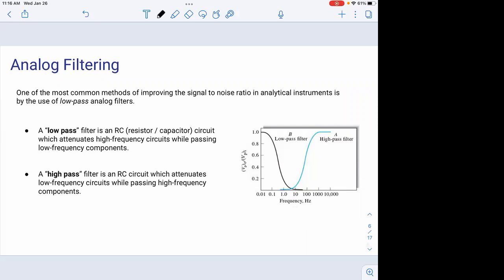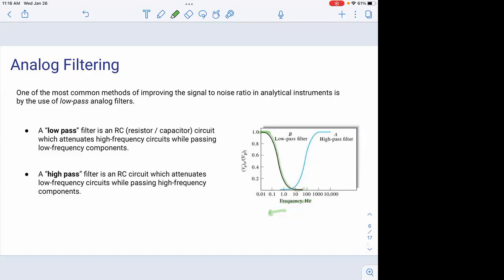So on the image to the right, notice I have frequency on the x-axis, right? So anything that's low frequency, i.e. on the left side of this plot, is going to pass through. The signal here is high, and then as we increase frequency, the signal decreases.